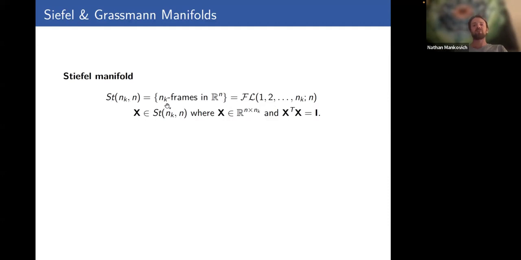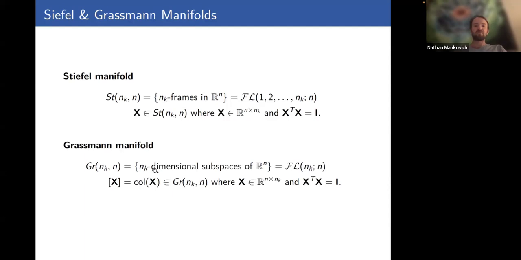But you can think of this as a flag of this type. A flag of type 1, 2, 3, 4, 5, and so on up to n_k living in n. So you increase the subspace dimension by 1 at each step. And forgive me for putting this equal sign in here. I'm going to say that these two spaces are similar, and I'd have to look up exactly what the similarity is.